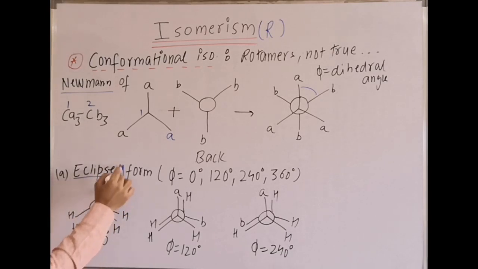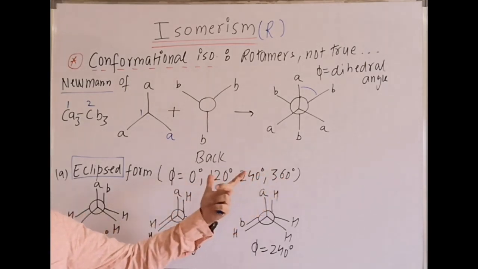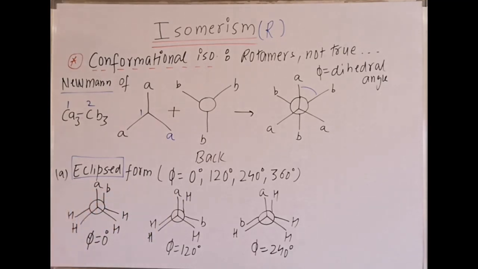One is eclipsed form. Eclipsed form means the dihedral angle can be 0, 120, 240 and 360. These dihedral angles will result into which form? Eclipsed form. Now here in the example I have taken, front carbon A with 2 hydrogens, back carbon B with 2 hydrogens, and A is exactly in front of B. So it is which form?